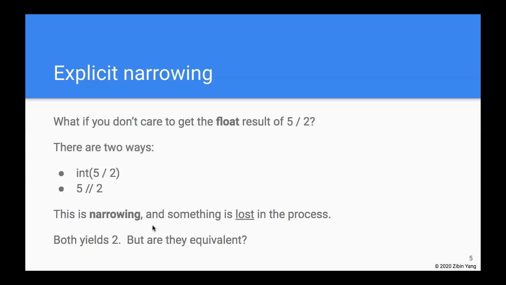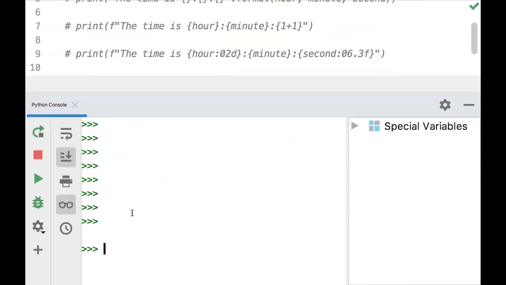As a side note, there's a subtle difference between these two ways of narrowing, and I'll illustrate that using the Python console. We already saw that if we do this and that, we get the same result. The reason they're not exactly the same is what happens if one of the operands is a negative number.